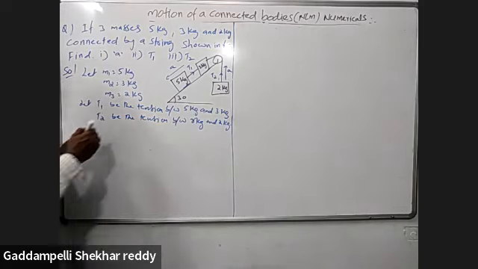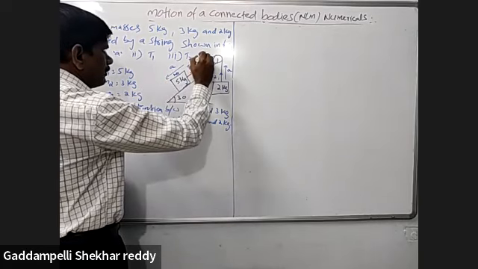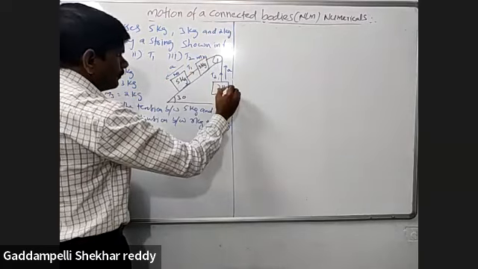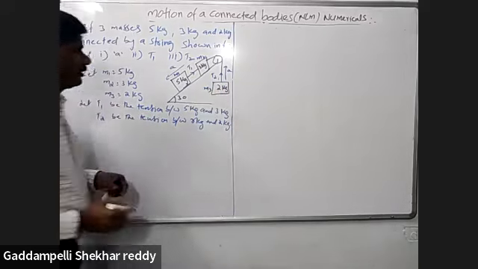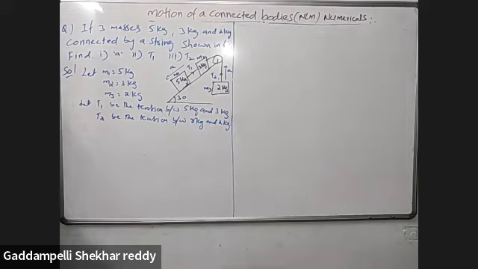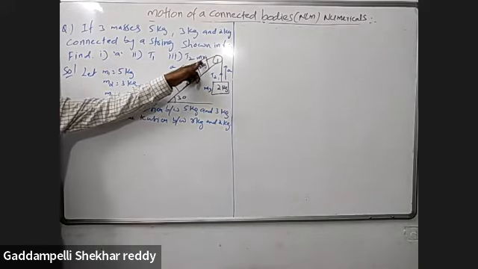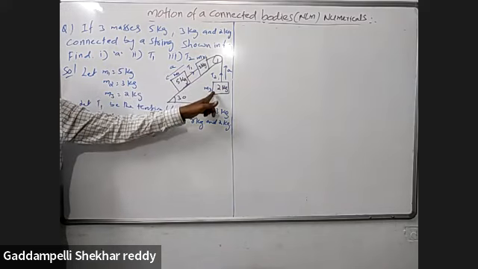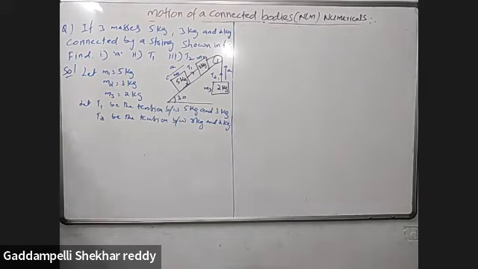That means M1, M2 and M3, for easy simplification purpose. So 5 kg is taken as M1, 3 kg is taken as M2, and 2 kg is taken as M3.